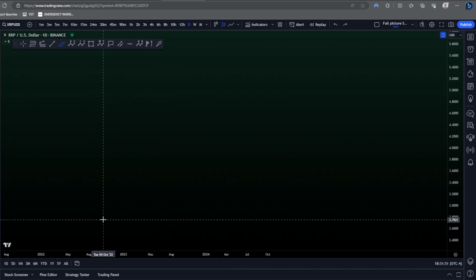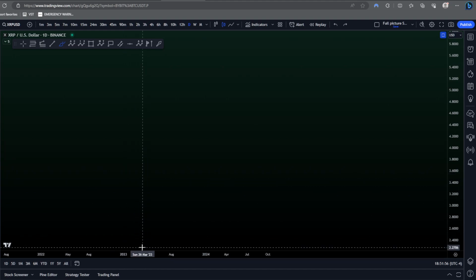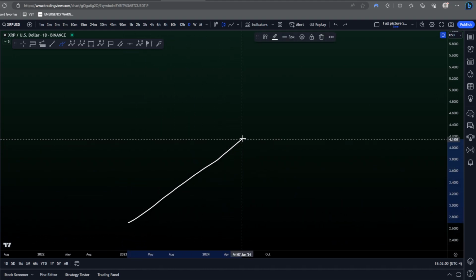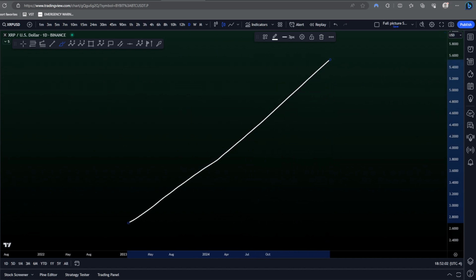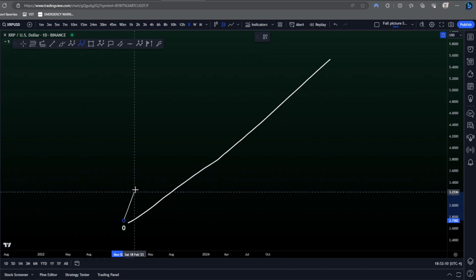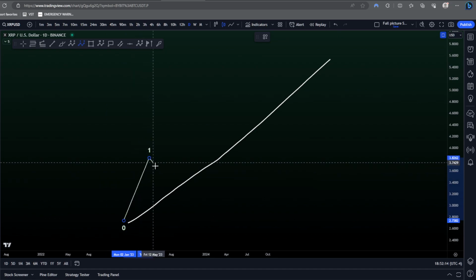Now, that's the basic structure. Let's just pretend we're in a bullish trend. The overall trend is up. Waves will move in a series of impulses, and we're going to go over the different types of impulses first.